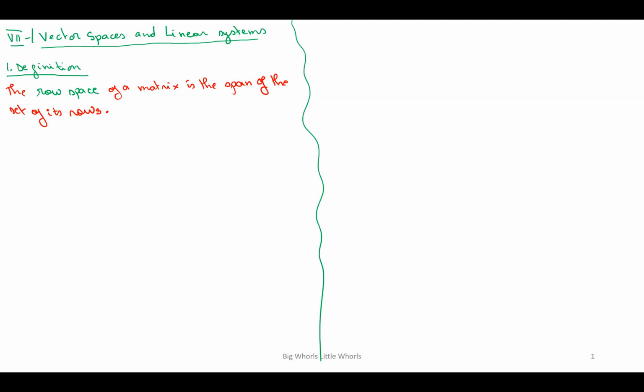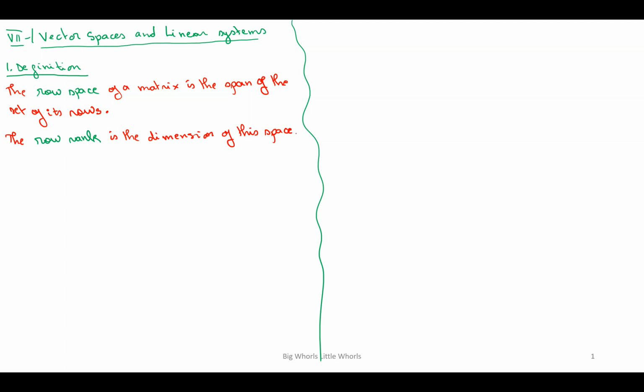Okay, of its rows. So the row rank is going to be the dimension, so you can guess. The row rank is the dimension of that row space.